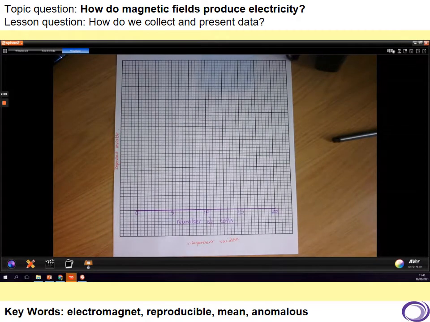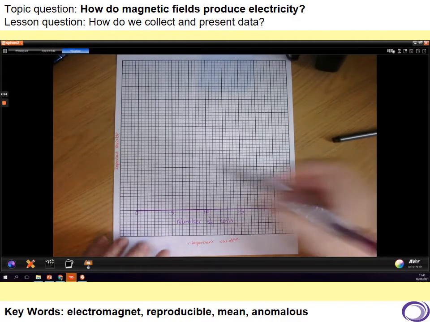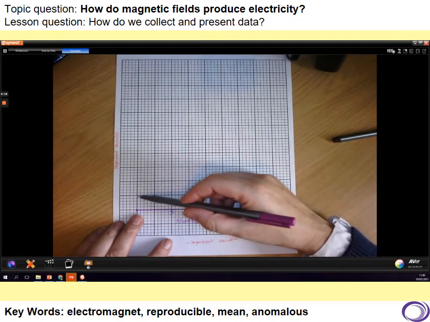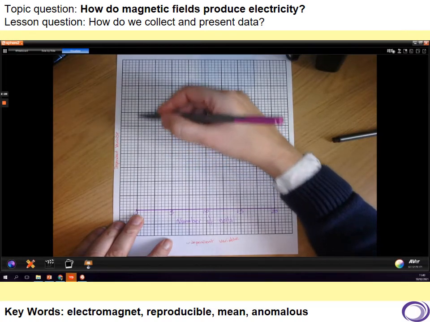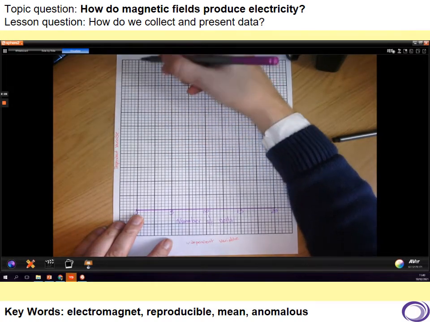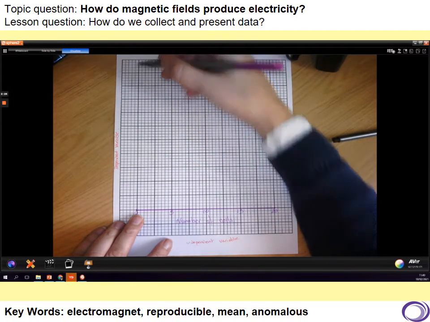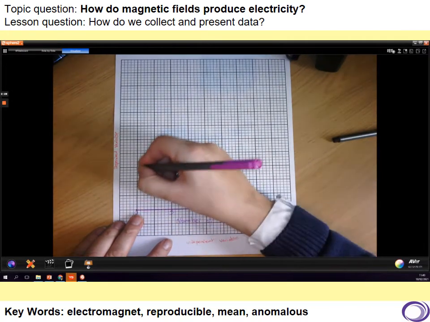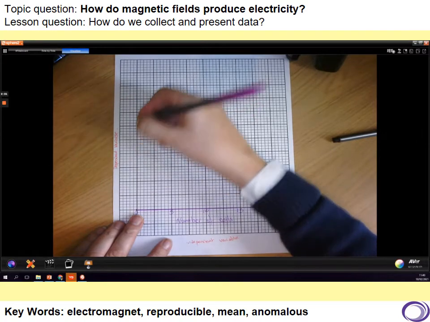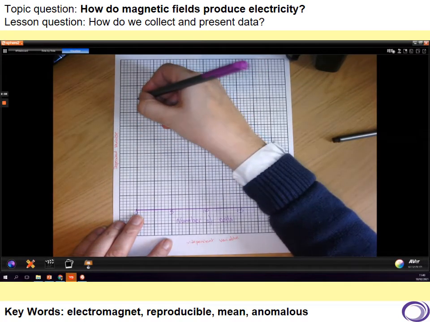Now my y-axis needs to go from 0 to 16. So if I went up in ones, let's have a look, 1, 2, 3, 4, 5, 6, 7, 8, 9, 10. Oh, I'm going to run out, so I'm not going to get to 16. So let's go back and see if we can do it in 2s. 2, 4, 6, 8, 10, 12, 14, 16.